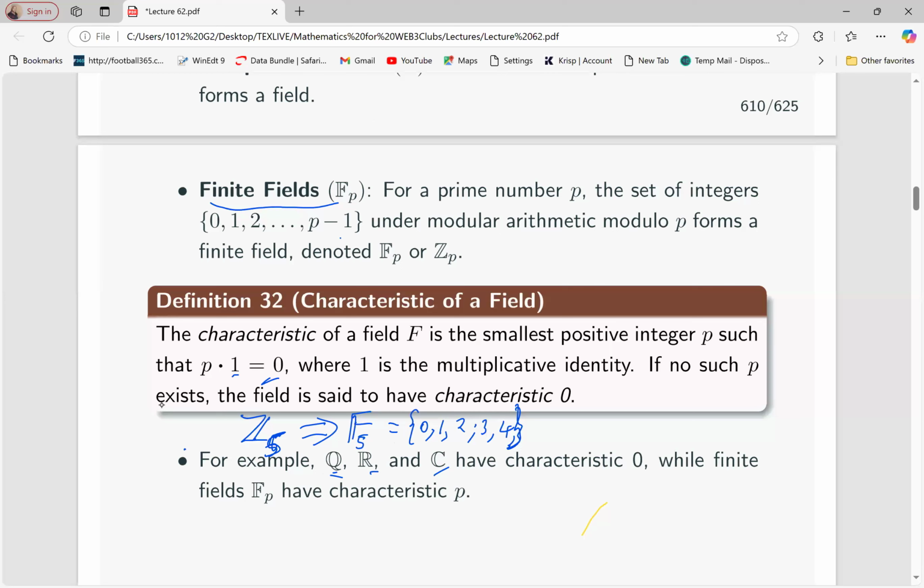So the question is, what is the characteristic of this? What non-zero element, when multiplied by 1, gives you 0 here?